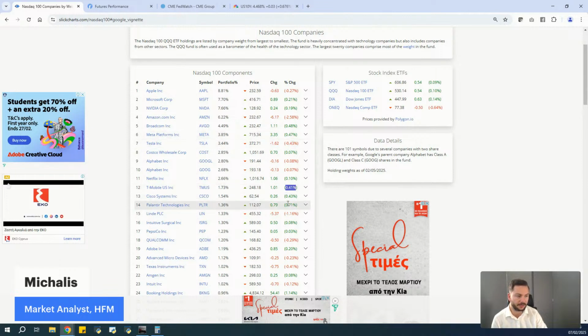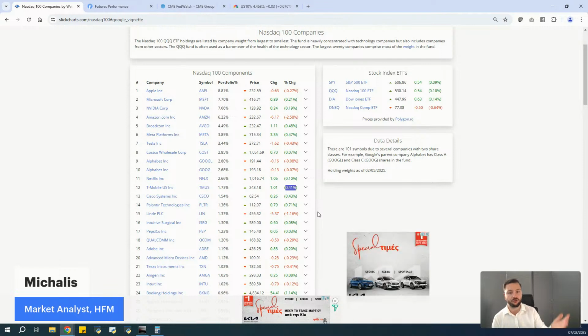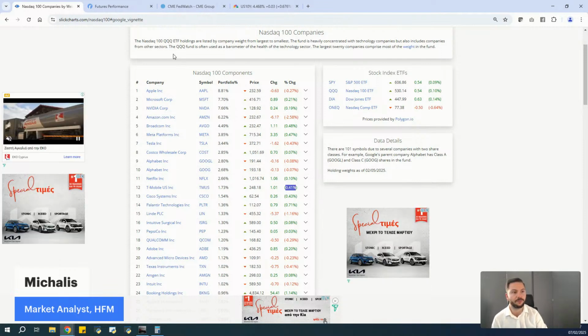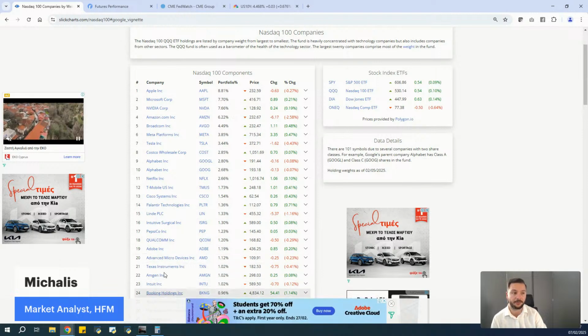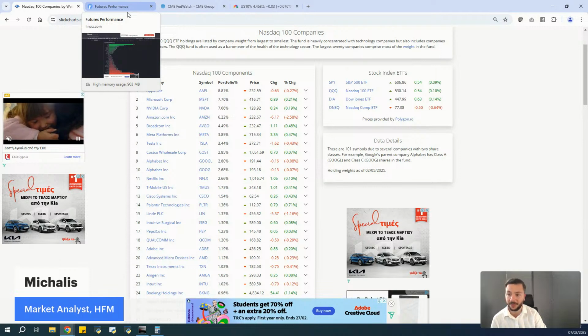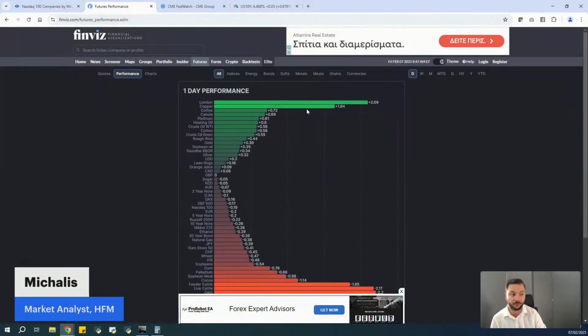Also, Palantir Technology is doing very well as well. Some of those stocks will start to see stronger gains. So no clear signal there indicating upward price movement yet. We don't have a signal indicating downward price movement, but not upward price movement for sure.